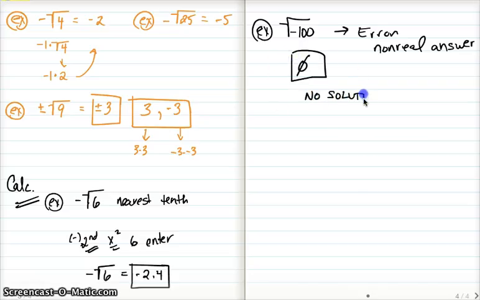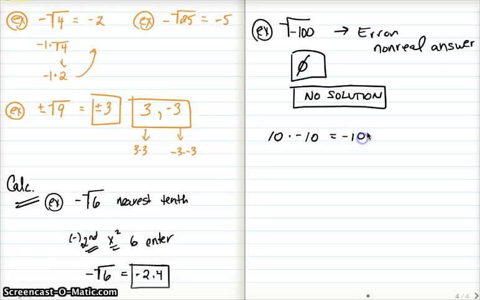Why is there no solution? How come you can't find the square root of a negative number? Well, if you think about it, in our mathematical system, we can't ever take a positive and negative and multiply it together to get a perfect square, because the positive and the negative are not the same number. So how do you get to -100? Well, you'd have to do 10 times -10, right?